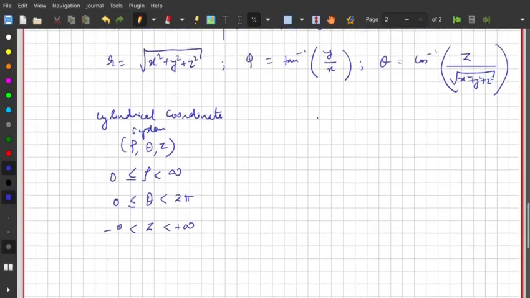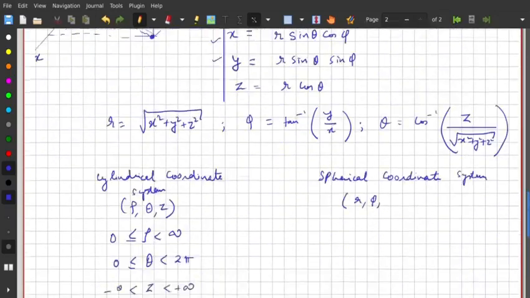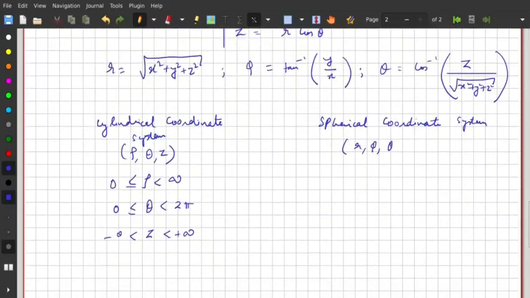Let's write the spherical coordinate system. That is given by r, phi, theta, where phi is the azimuth now and theta is the zenith.